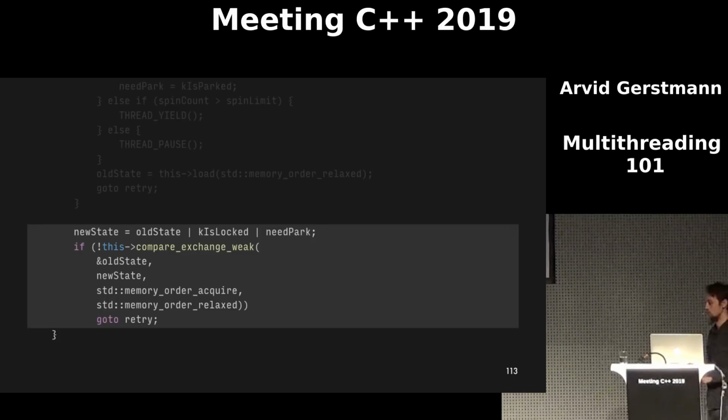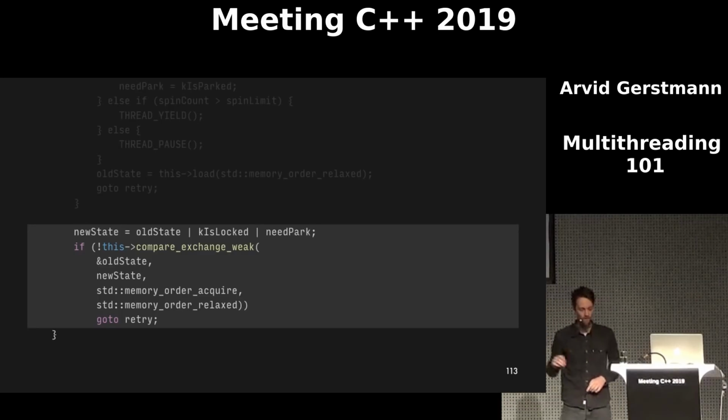Once we have acquired the lock and been woken up again, we can indicate that in our atomic variable. This is the same thing we did in try lock and the first time in lock. Same CAS loop, just setting the new state here, and if it is successful, we just drop out of the function and we're done.